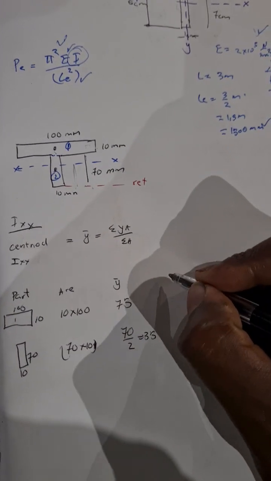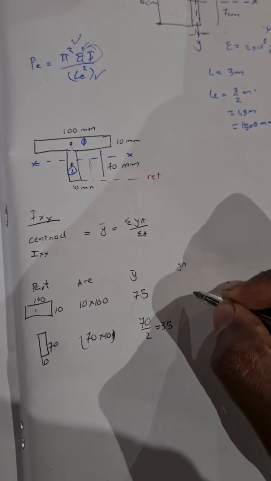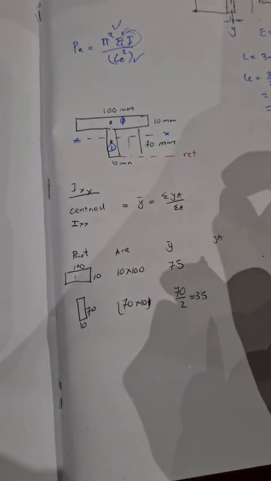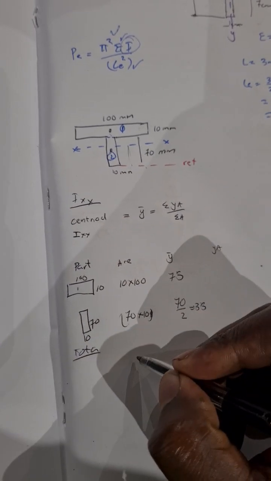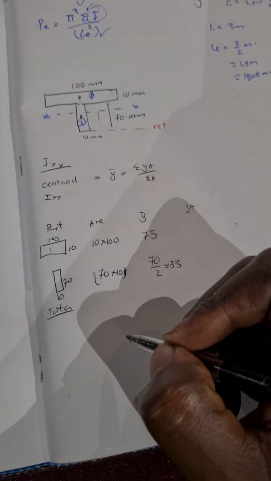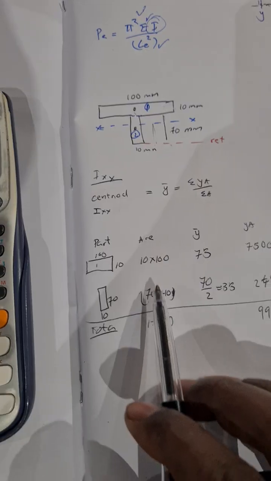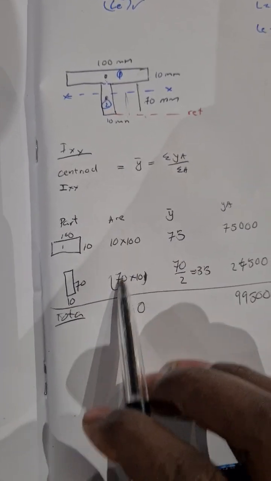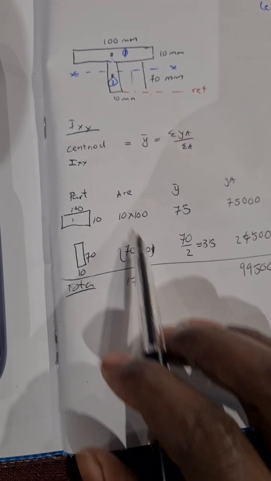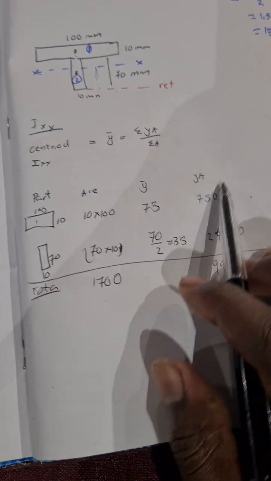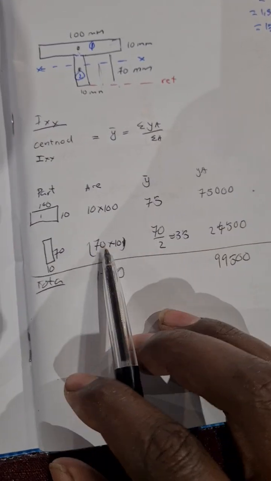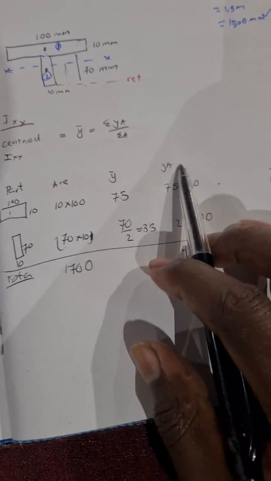Then we have to calculate YA, and then the total area. So I have calculated this. You just add the areas: 1000 plus 700, 1700. Then this times this is this, and you add again.